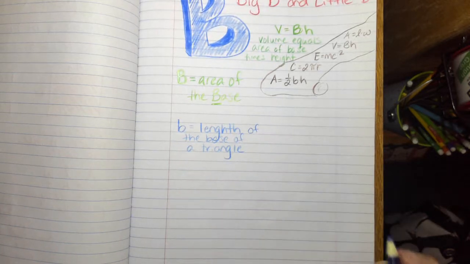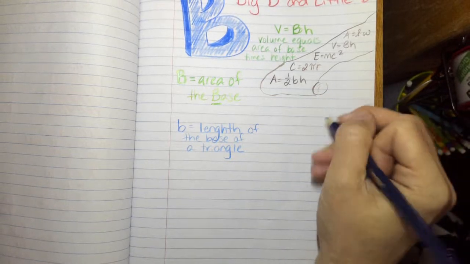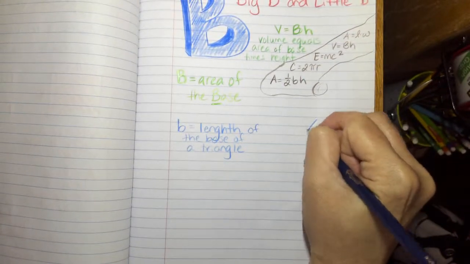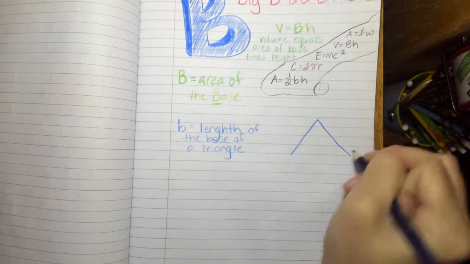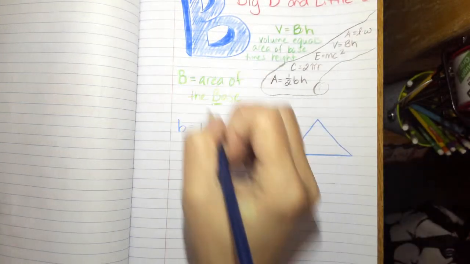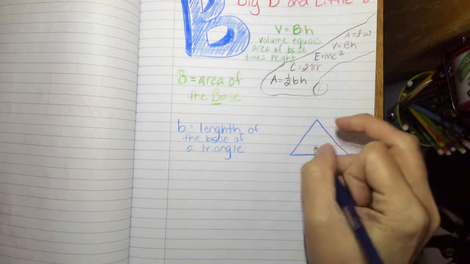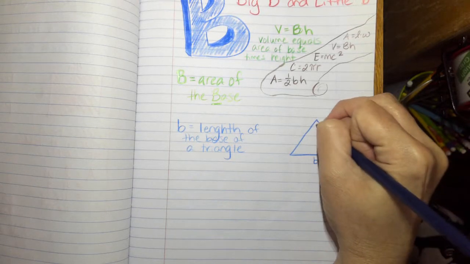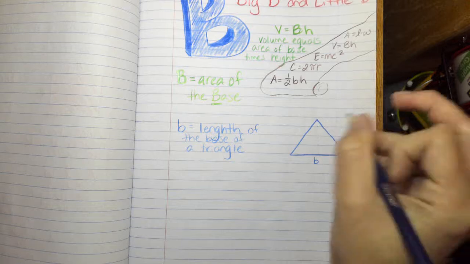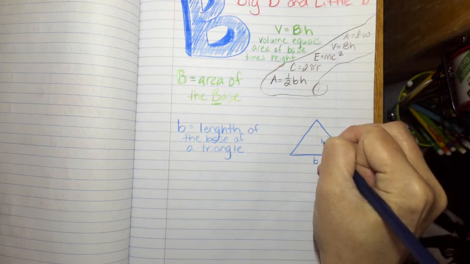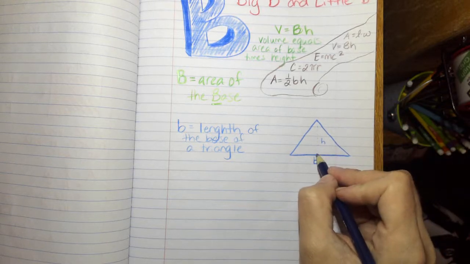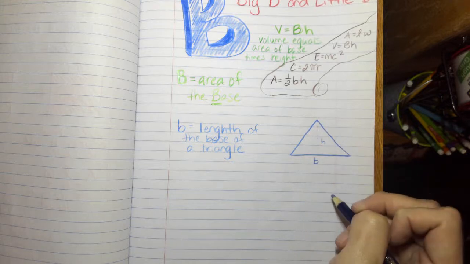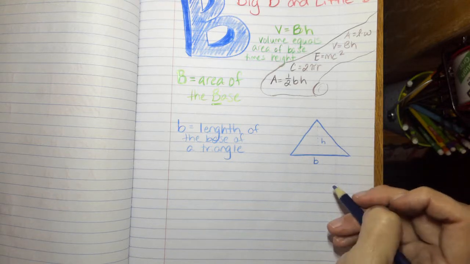You don't have to know this right now, but if you have a triangle, the bottom of the triangle is called the base, and how tall it is from the base to the tip of the top is the height of the triangle.